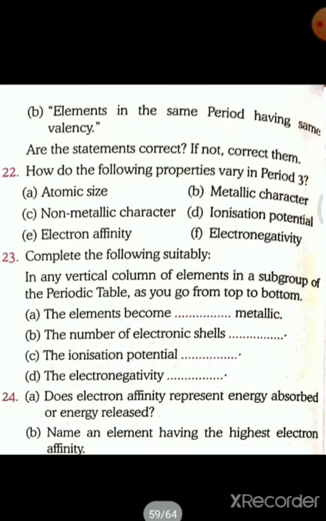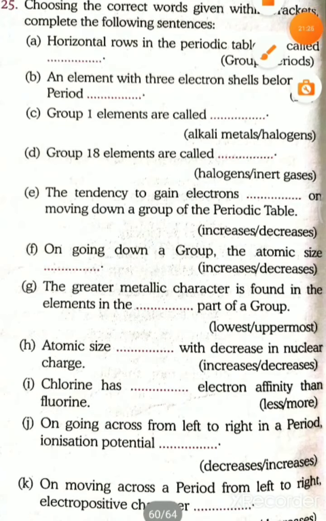Then the next question, 25th. Students, if it is not visible clearly, then all of you see your book. Horizontal rows in the periodic table are called the periods. An element with 3 electron shells belongs to the third period.